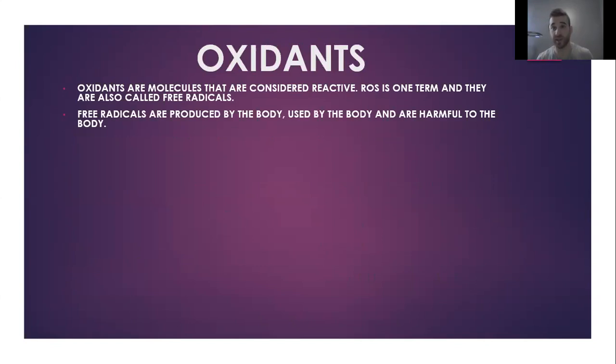We actually use some of them to benefit us, and they are very harmful to the body overall. They cause oxidation, which leads to oxidative stress, which leads to the aging process, okay? That involves acidic waste accumulation, and then chronic inflammation.